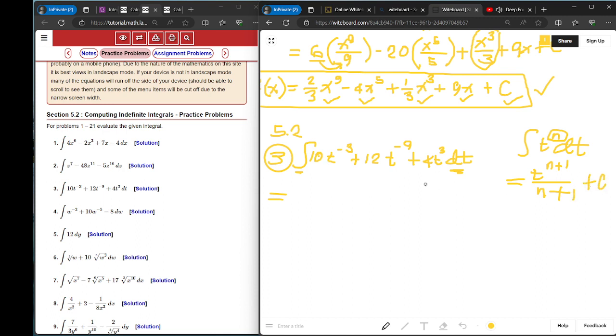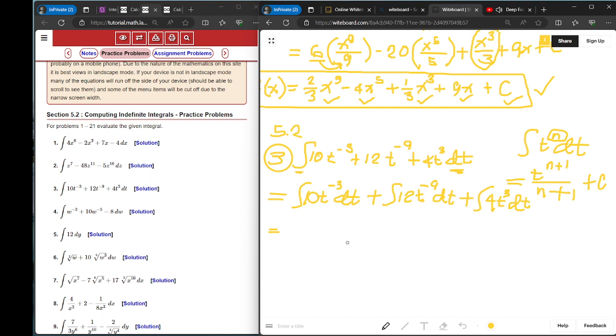But before that, let's write them with the integral signs. That's the integral of 10t to the negative 3 derivative of t plus the integral of 12t to the negative 9 derivative of t plus the integral of 4t cubed derivative of t.